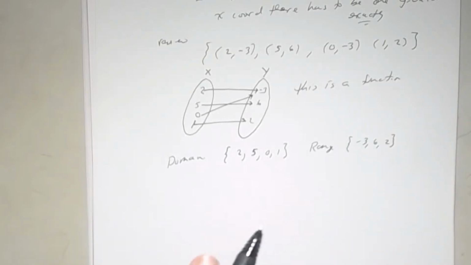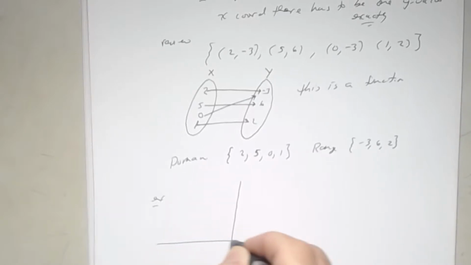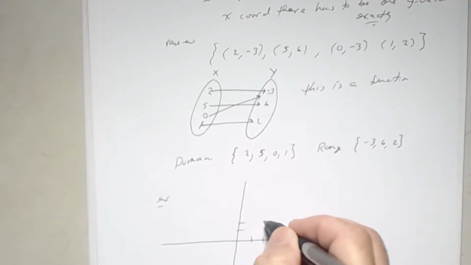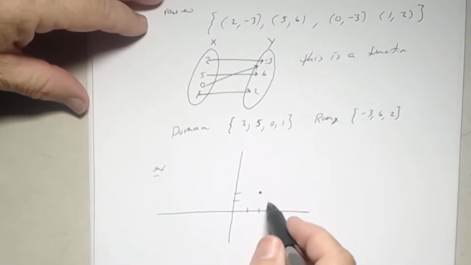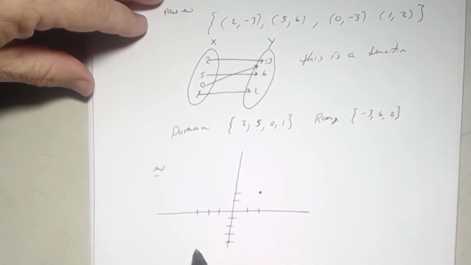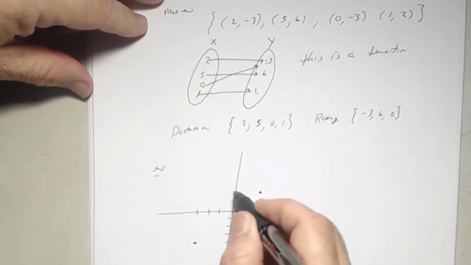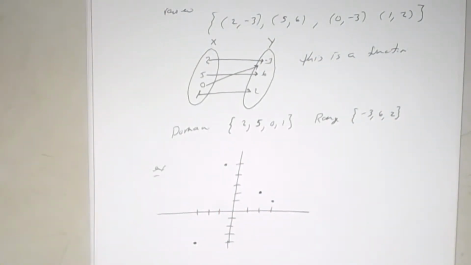All right, let's do this example. Let's say I have this point, that point, and this, and this.